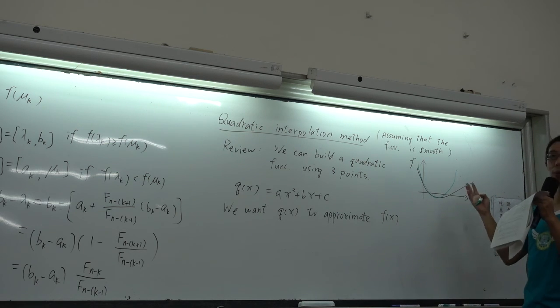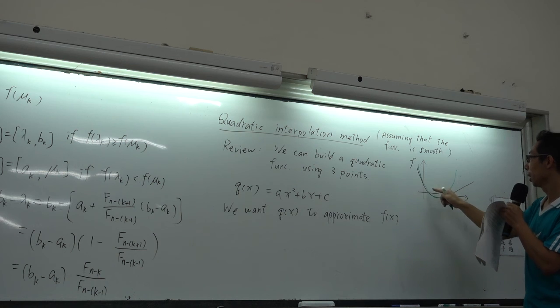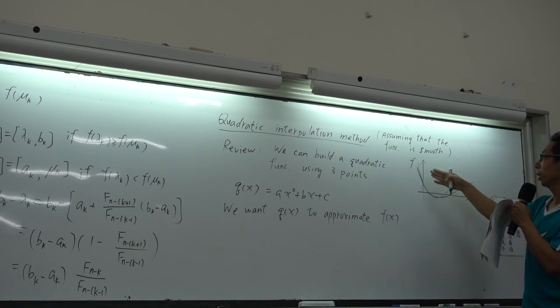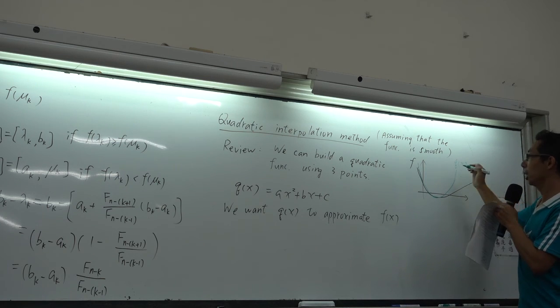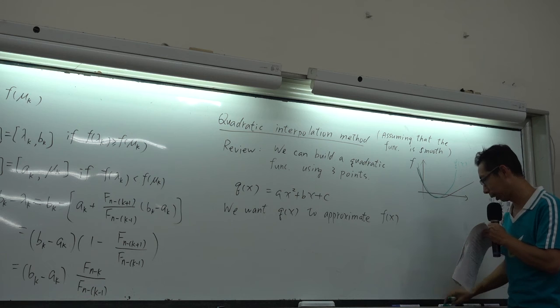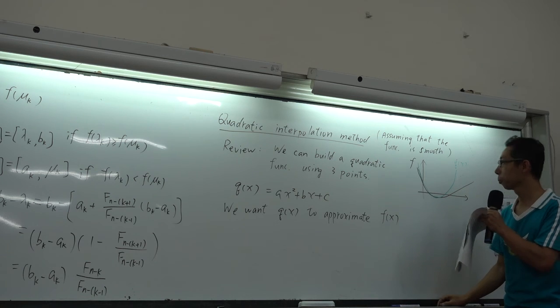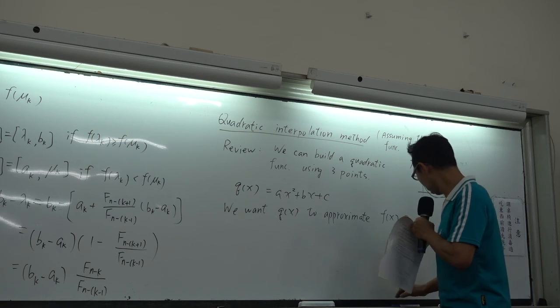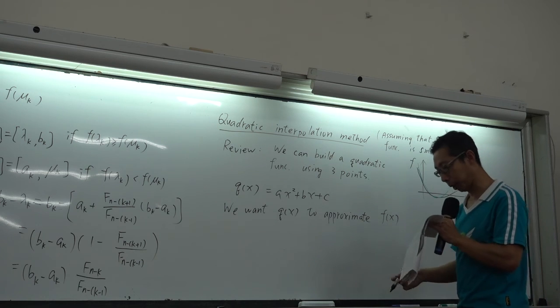Okay. One more time. If the function is smooth, then near the minimum point, we can approximate the function using a quadratic function. So that's the first idea. Okay. So let me quickly finish this. Okay.